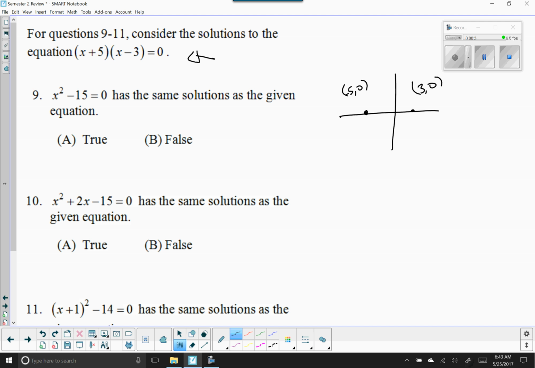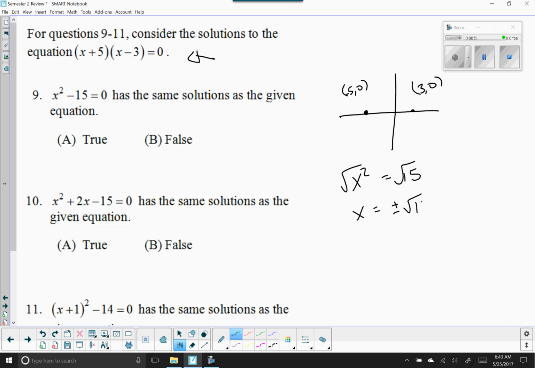Alright, and then it says x squared minus 15 equals 0 has the same solutions as the given equation. Well, I can't factor that, but if I move that 15 over, I get x squared equals 15. I take the square root, and I get x equals plus and minus the square root of 15. Any perfect squares that go into 15?